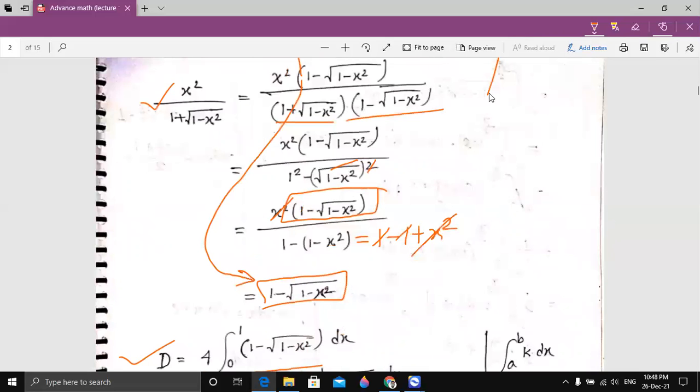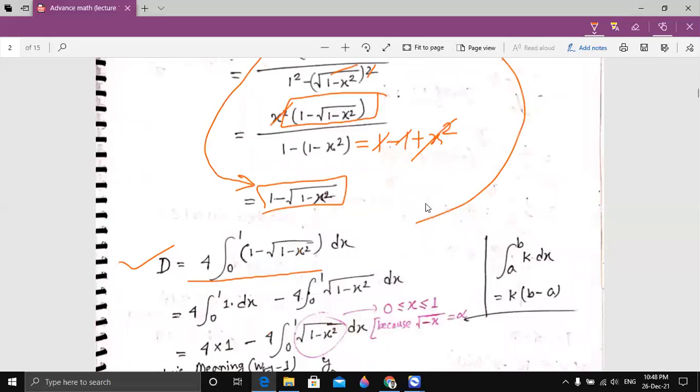So this is our 4 into the integration of 0 to 1 of 1 minus root over 1 minus x square dx.